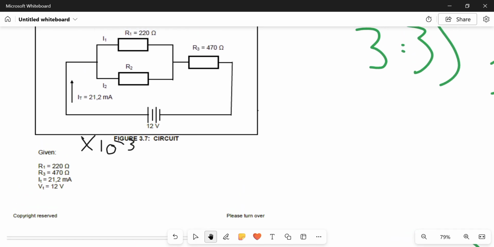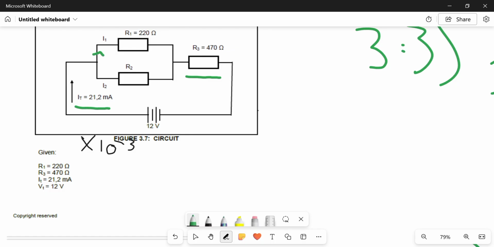So it shows that the current is shared across the parallel combination. So actually you can say IT is the same as I at R3. Why? Because it's a series combination. So the I total of the parallel combination will be 21,2 milliamperes. Then it will divide across these two resistors.